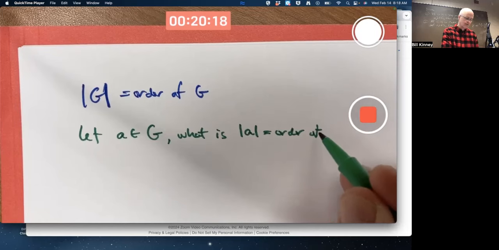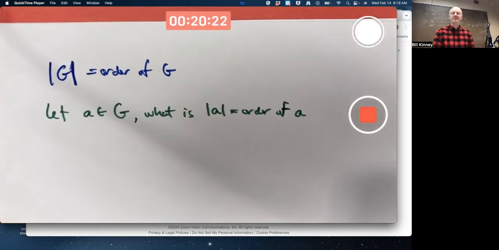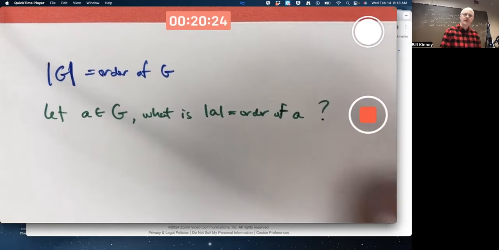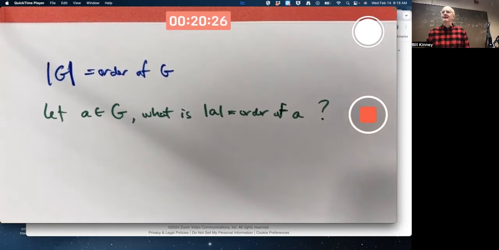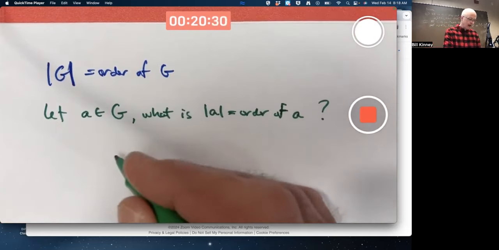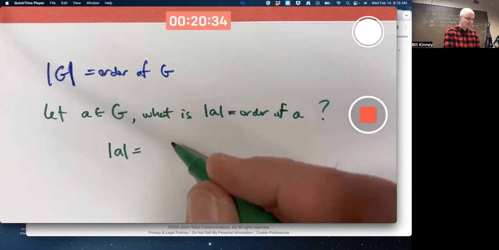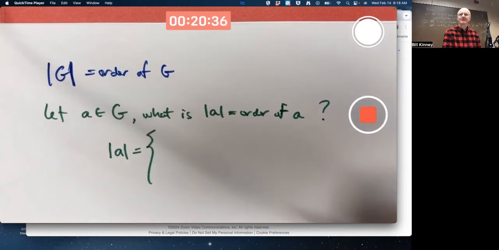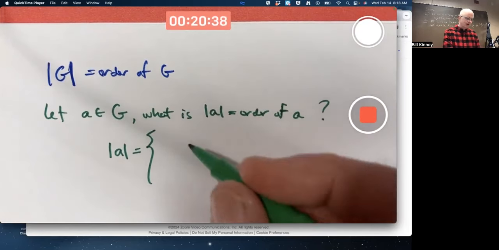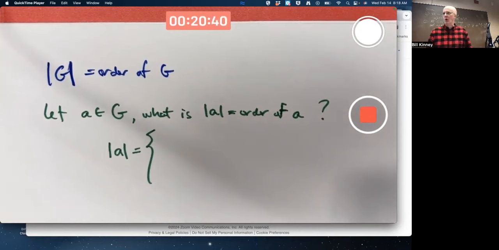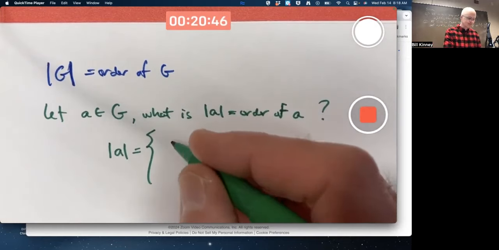This is the order not of G, but the order of the element A. This is a little confusing. The order of A, well, you could write it as a piecewise formula. And I'm going to describe the output of this formula in words.